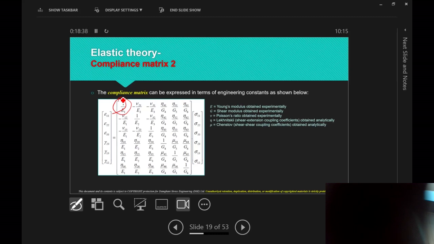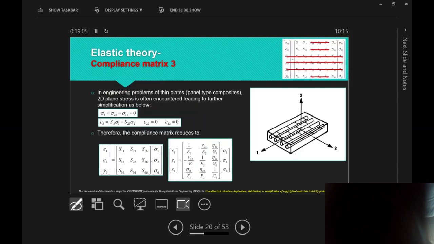You can see the Poisson's ratio. Eta is what they call the Lekhnitskii effect. They find these eta and mu values analytically, essentially by testing the material. It goes into the realm of material science, but in our case, for composites, it becomes further simplified.